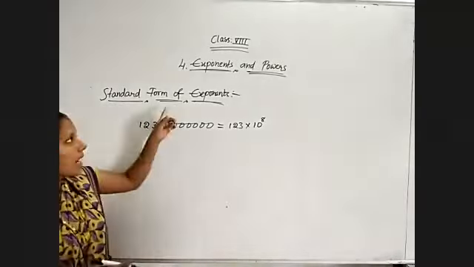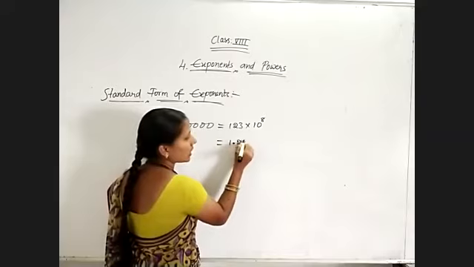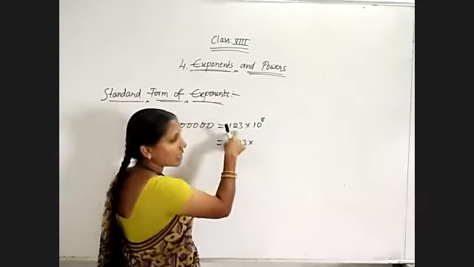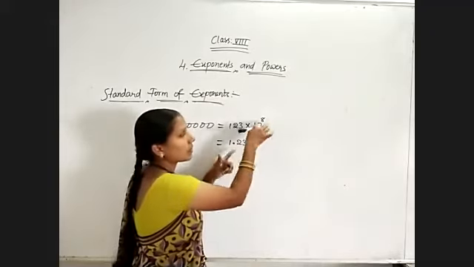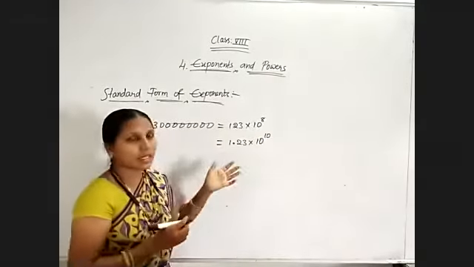Standard form, in the sense, first of all, I'll write what is the standard form of this number. I'll write this number as 1.23 into 10 to the power of 8 plus 2, that is 10. Why, how is it changed?